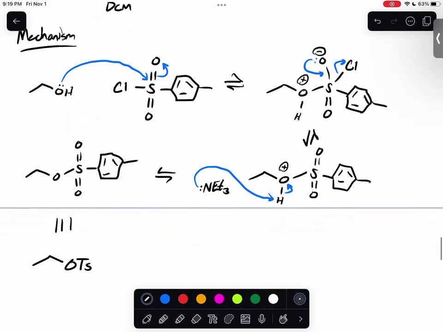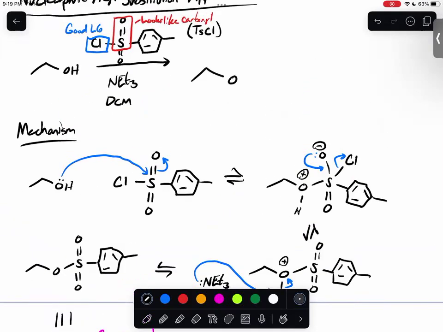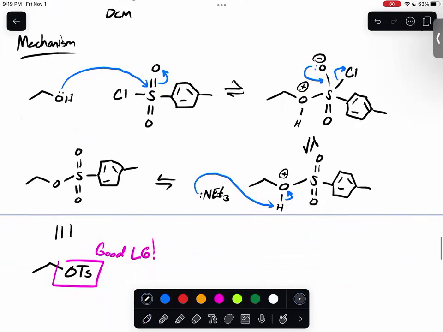So this is now a good leaving group, whereas the alcohol that we originally had was not. All right. So essentially, you can use nucleophilic acyl substitution to lead into other reactions because from here, of course, as a primary leaving group, this would be really well set up for something like an SN2.